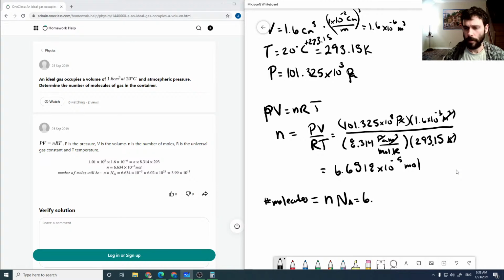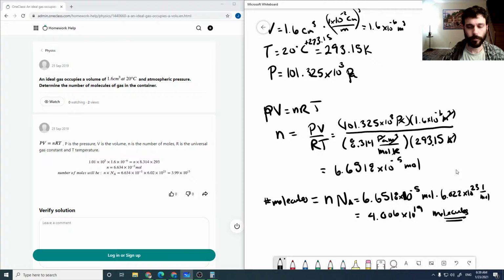So 6.6518 times 10 to the minus 5 moles times 6.022 times 10 to the 23 per mole, which gives us 4.006 times 10 to the 19 molecules. Molecules isn't a real unit, so that's why the value is unitless.